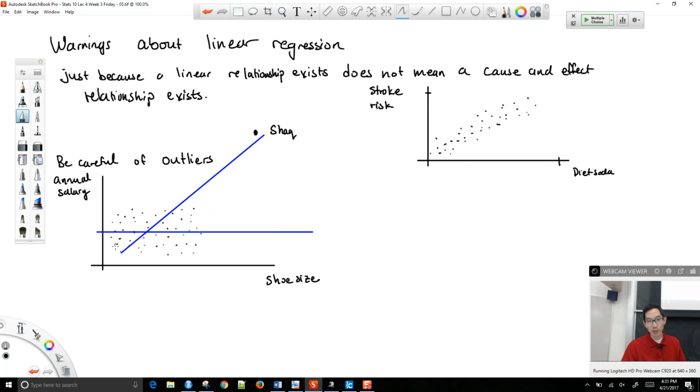This messes up our analysis. If we include the outlier, it might appear that bigger feet means larger salary, or is associated with larger salary. If we include the outlier, it may appear that there's a positive slope.